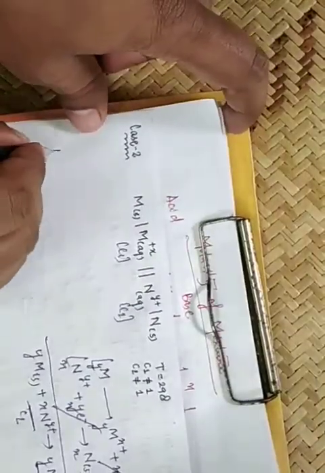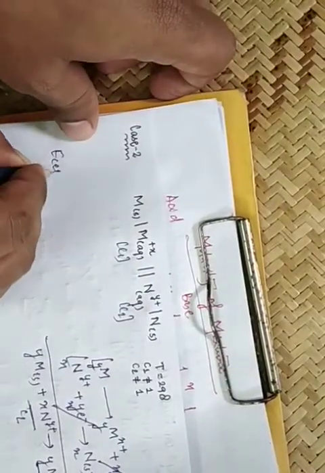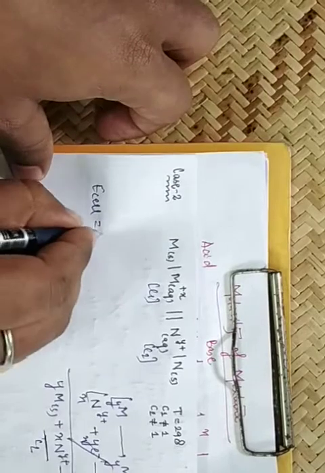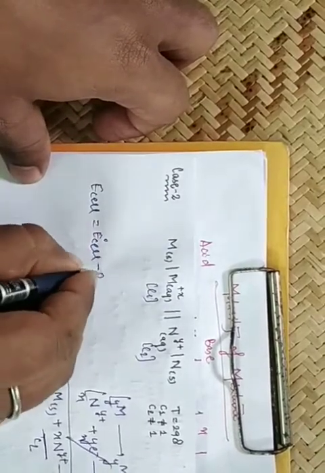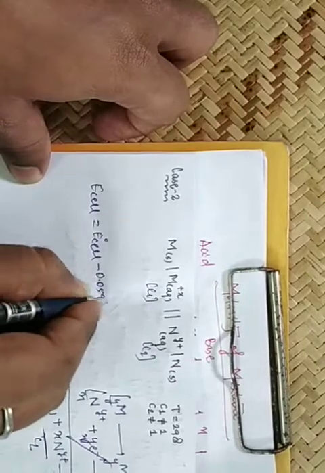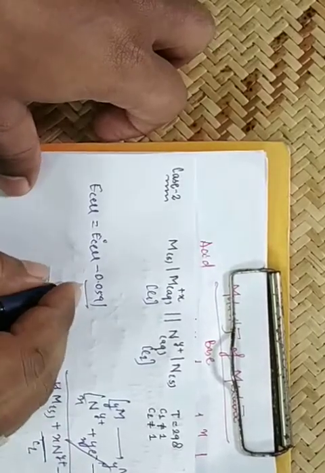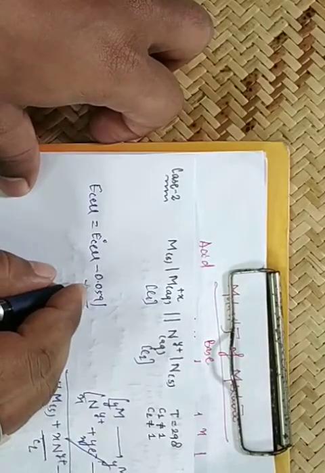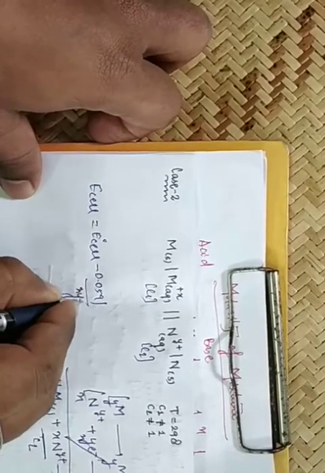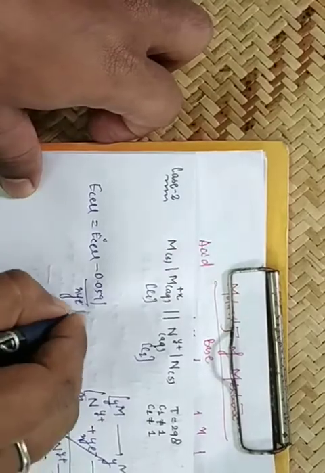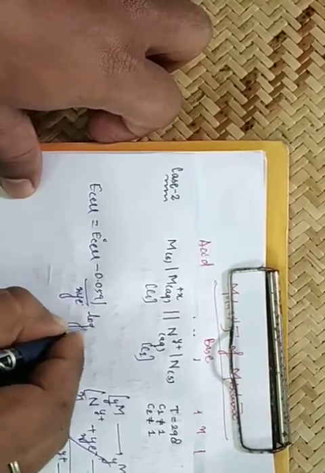Then you write the formula: E cell equals E naught cell minus 0.0591 divided by n, where n means the electrons, x·y electrons, times log base 10.